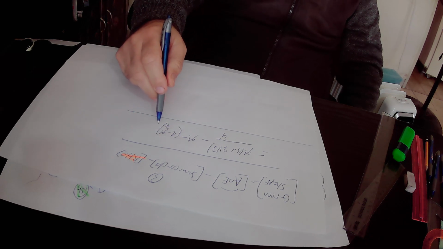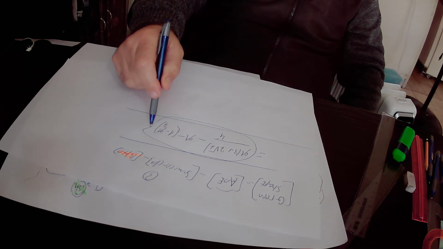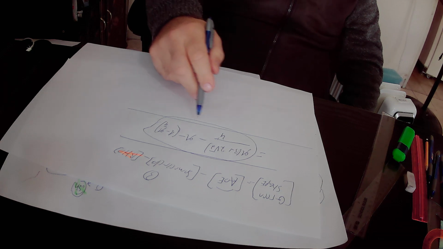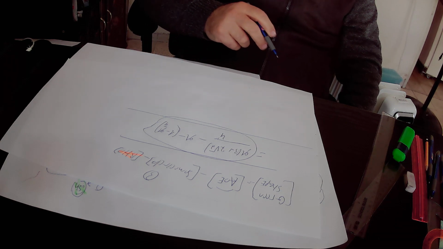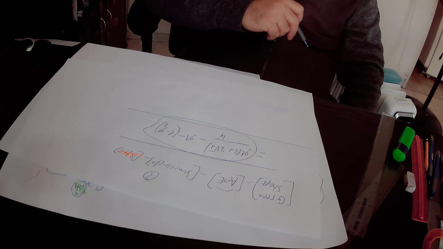So this expression is actually the area of the green shape. We simplify this expression in order to get the area of the green shape in terms of numbers.